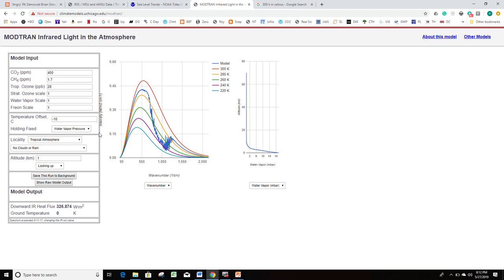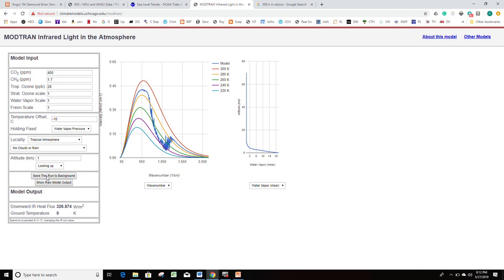Here we've set everything up, and you can see the downward IR heat flux is 326. That's the energy that's coming back. That's the global warming effect. When they talk about the greenhouse gas effect, that's what it is. It's the longwave radiation coming back.